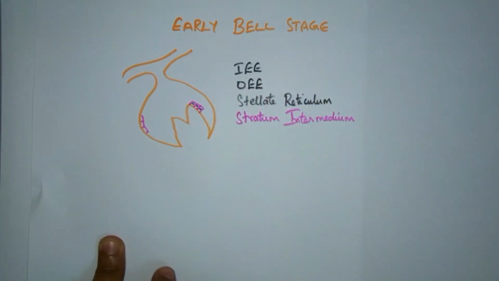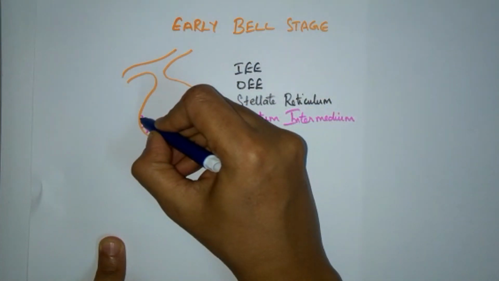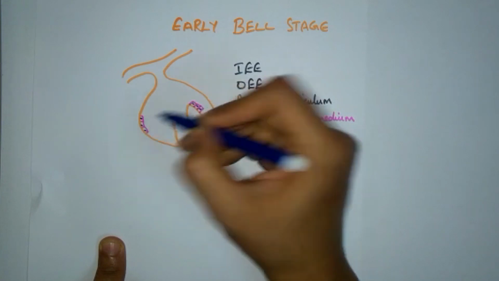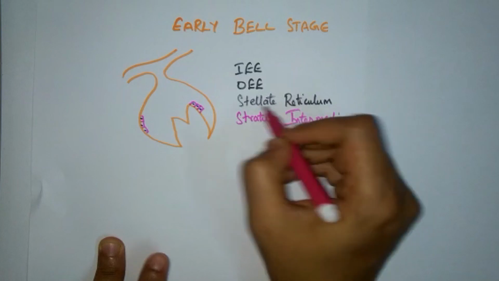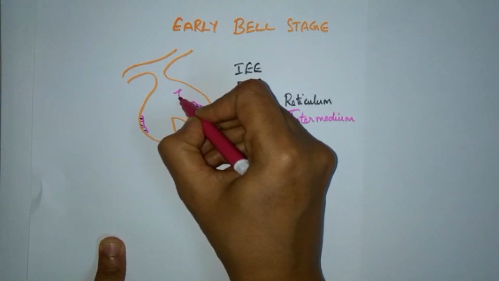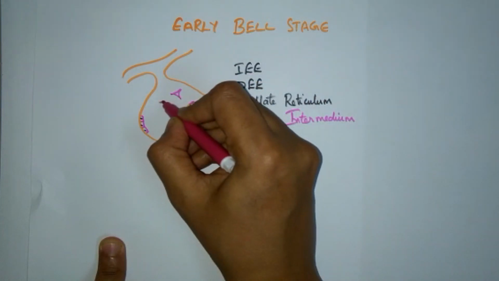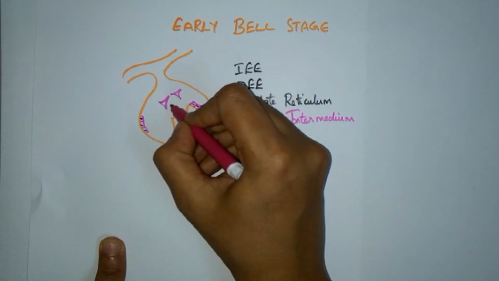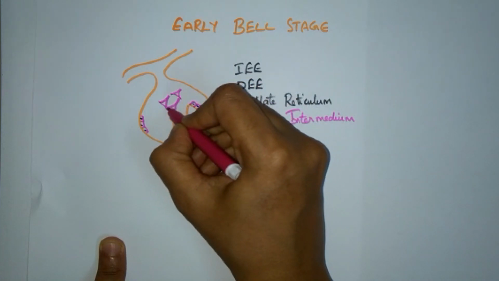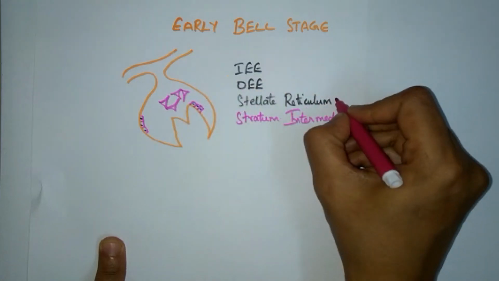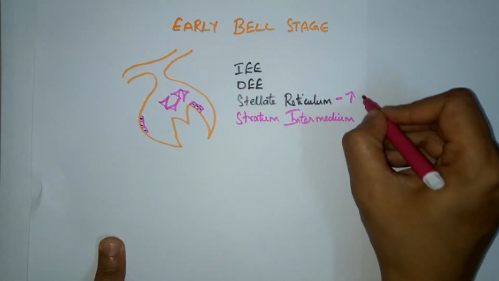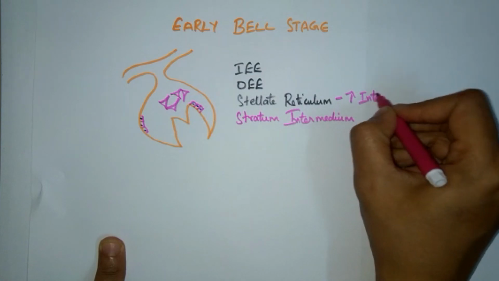They haven't become flattened, they are low cuboidal with a centrally based nucleus, and the cells of the stellate reticulum are also present, which are again star shaped cells. What is the change present in the stellate reticulum in the early bell stage? There is an increase in the intercellular fluid.